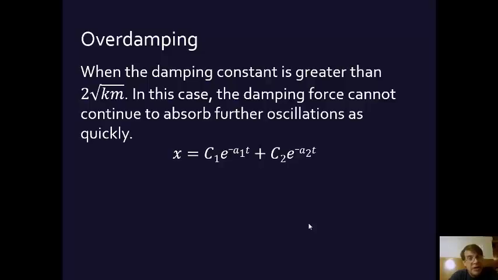Now, don't freak out again. This is beyond what a second semester physics student would be able to handle. But the solution for x in this case, and again, this has to do with differential equations, the solution for x in overdamping is a constant times e to the negative a times t plus a second constant times e to another negative a times t.